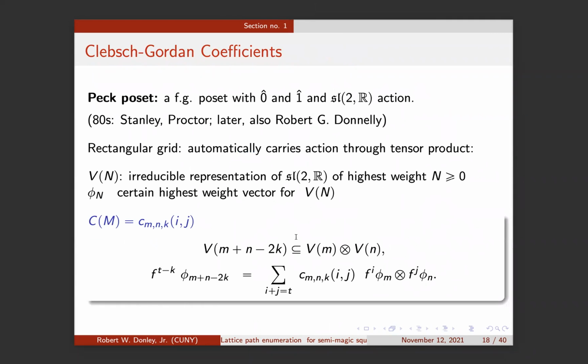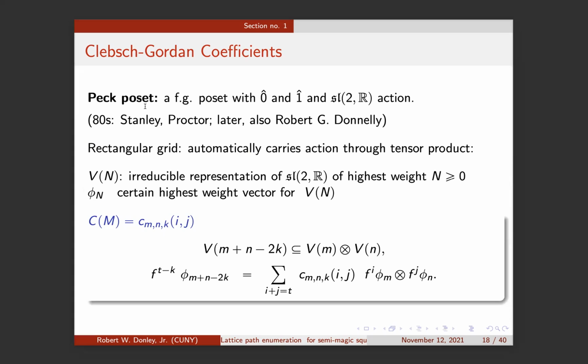Okay, so a little bit more history. These finite graded posets with SL2R actions, there's a history of this going back to the 60s and 70s with the study of the Sperner property. Stanley and Proctor reformulate this theory, and the punchline that they get is this thing called a Peck poset.